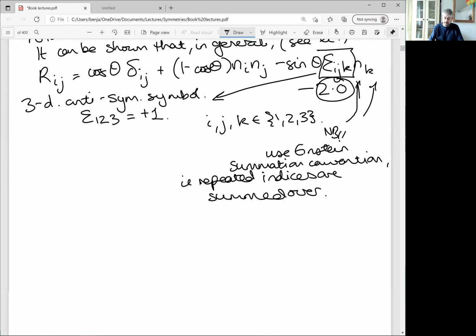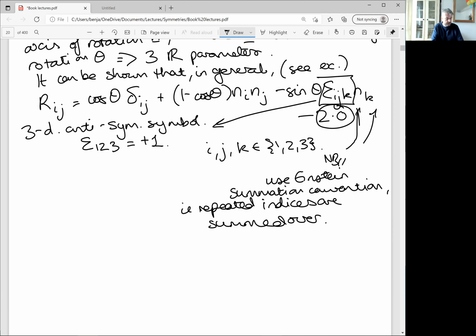So we need to cover all rotations in 3 dimensions.